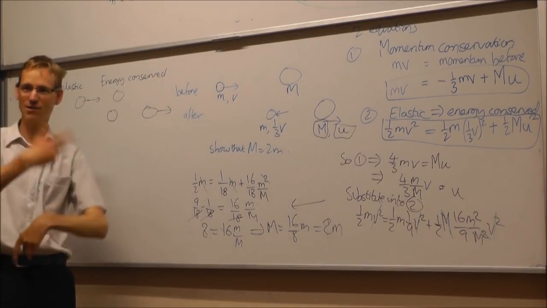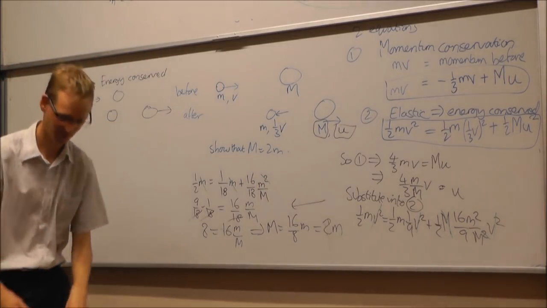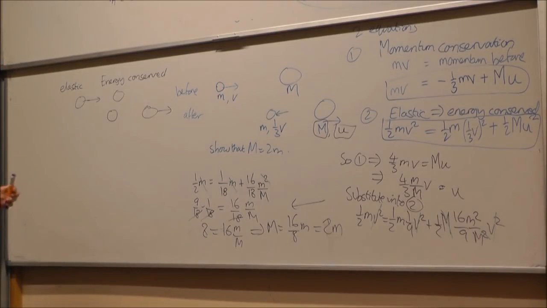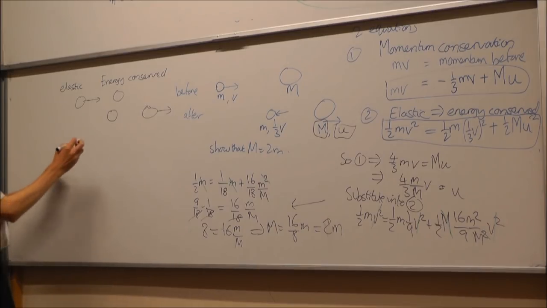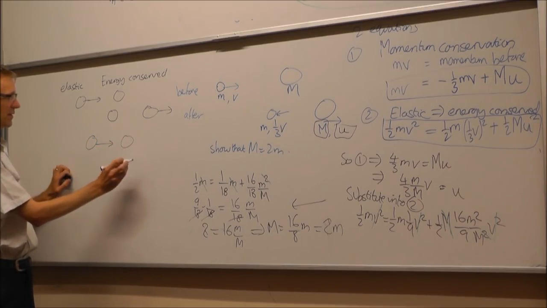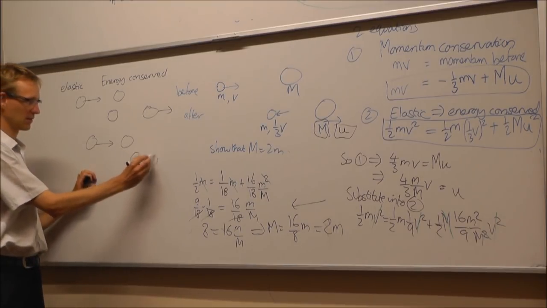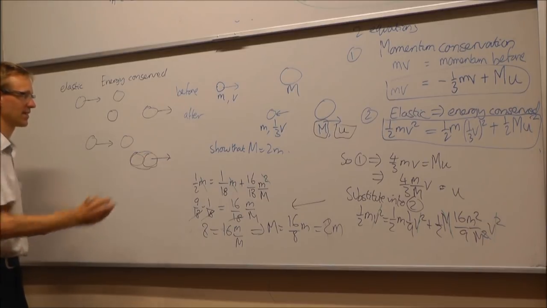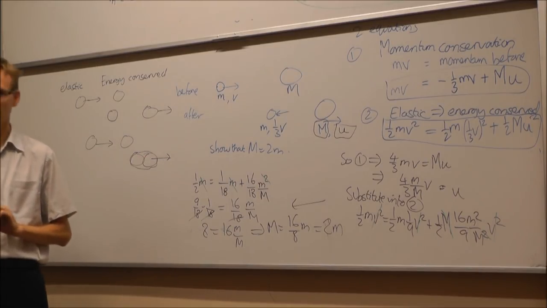You play that backwards and it looks exactly the same, because of that energy conservation. So that's your elastic one. Your inelastic is where that ball hits that one and they stick together, so the two balls move at exactly the same velocity afterwards.